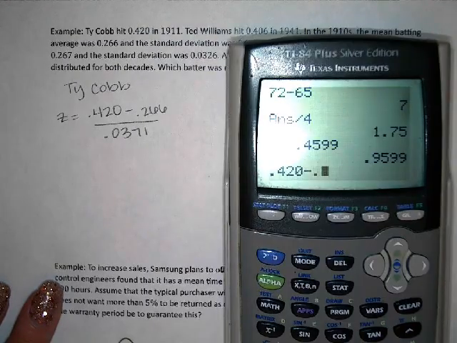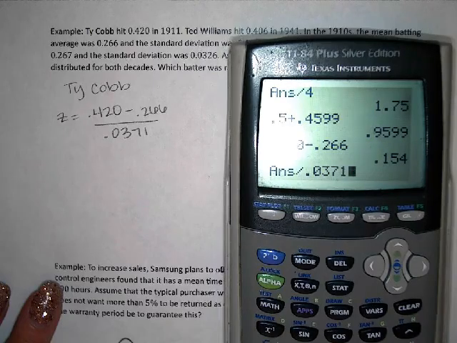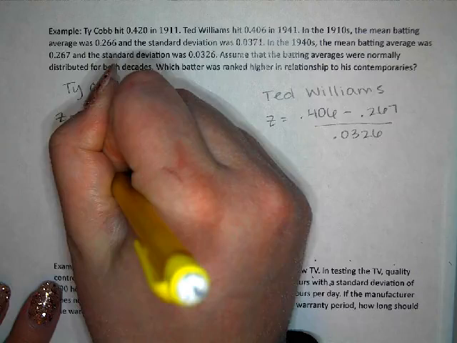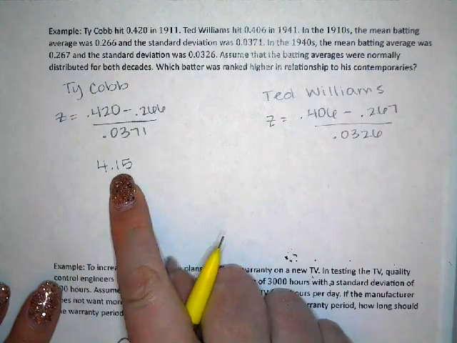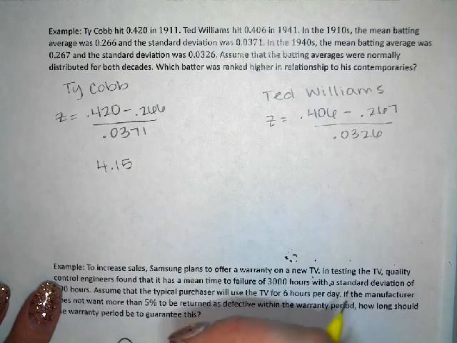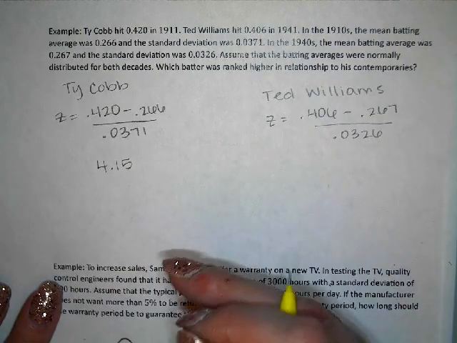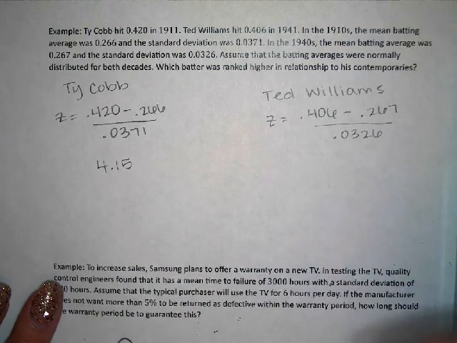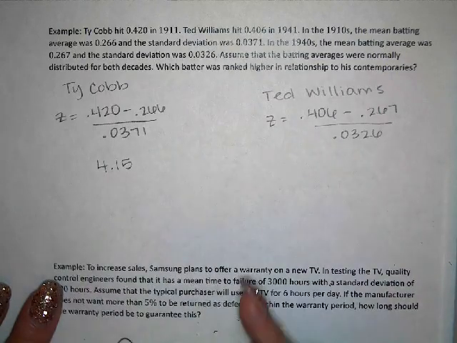Z-score of 4.15. This is a very high z-score. So we know that 95% of the data is between two standard deviations. So 95% of batters should be between a z-score of -2 and +2. 99.7% of the data is between 3 standard deviations.